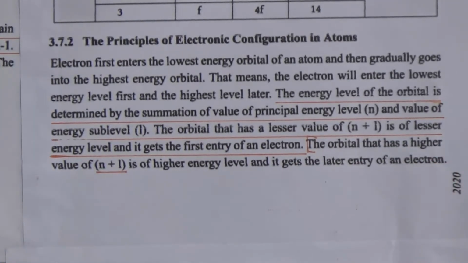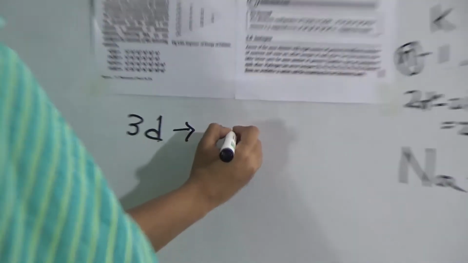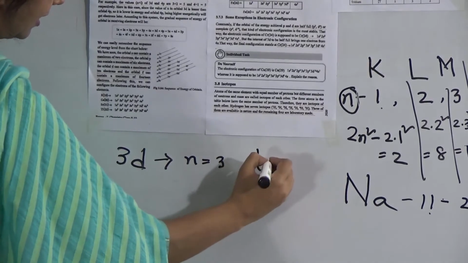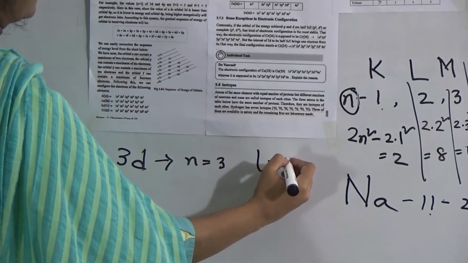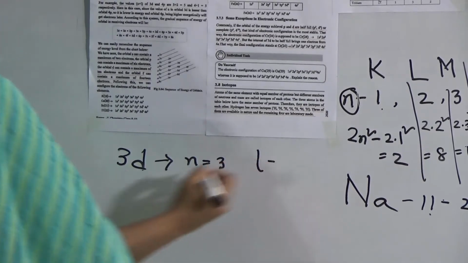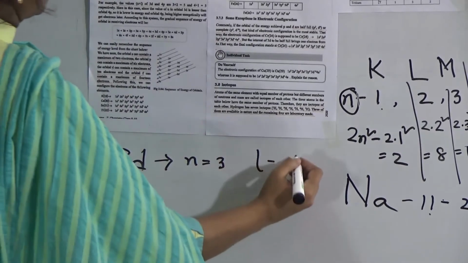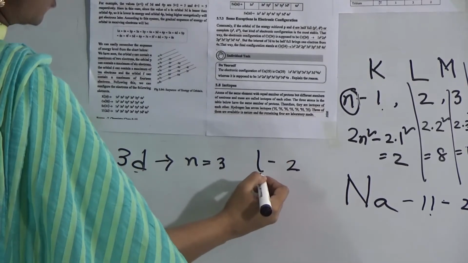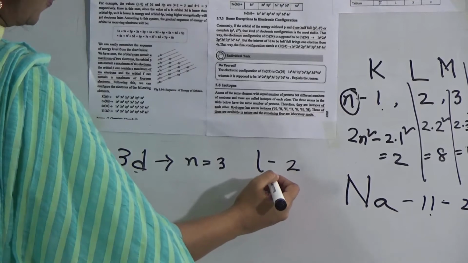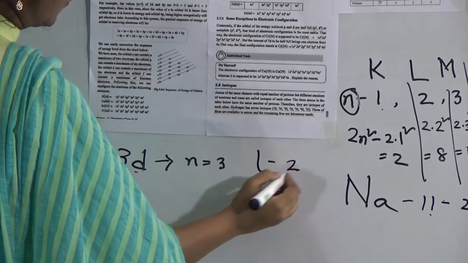Now come to the next page. For the 3d orbital, dear students, n is 3 and l is 2; s is 0, p is 1 and d is 2.